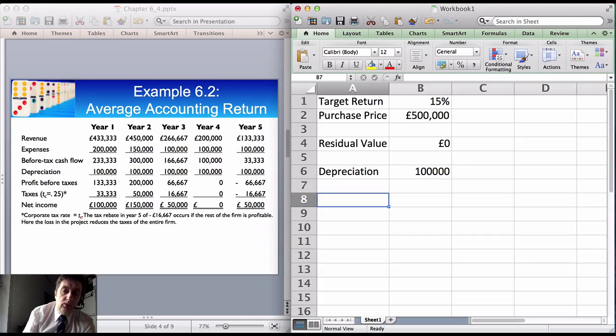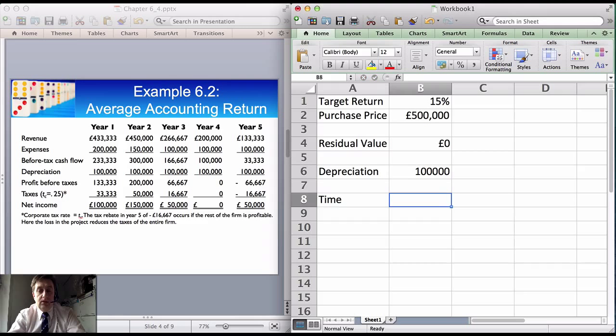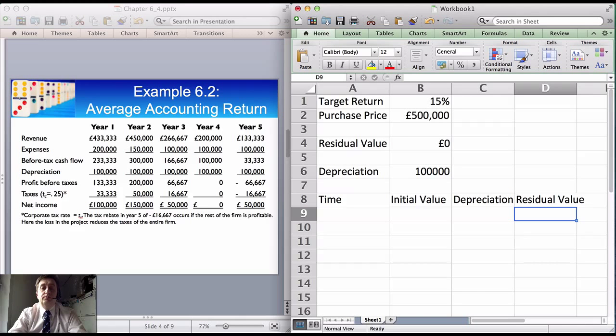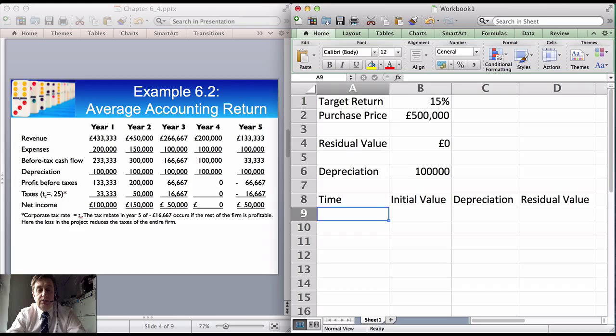Looking at this in a bit more detail, we have the time here, the initial value in this column, the depreciation in this column, and then the residual value in this column. I'll just increase the size of the columns to make it look good. It's 5 years of life. The initial value is 500,000.